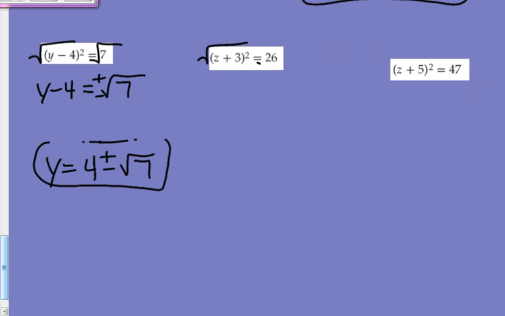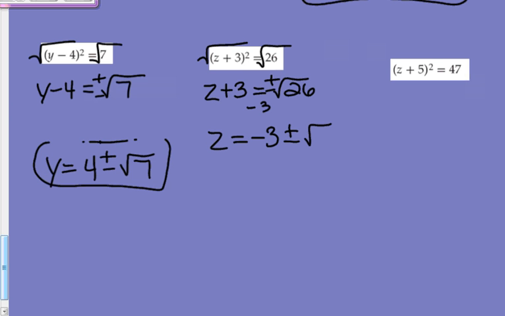Again, we're going to take the square root of both sides. 26 is not a perfect square, so we're going to leave it under the radical. C plus 3 is the square root of c plus 3 squared equals the square root of 26, but don't forget positive or negative. So then when we bring our 3 over by subtracting 3, c would be negative 3 plus or minus the square root of 26.